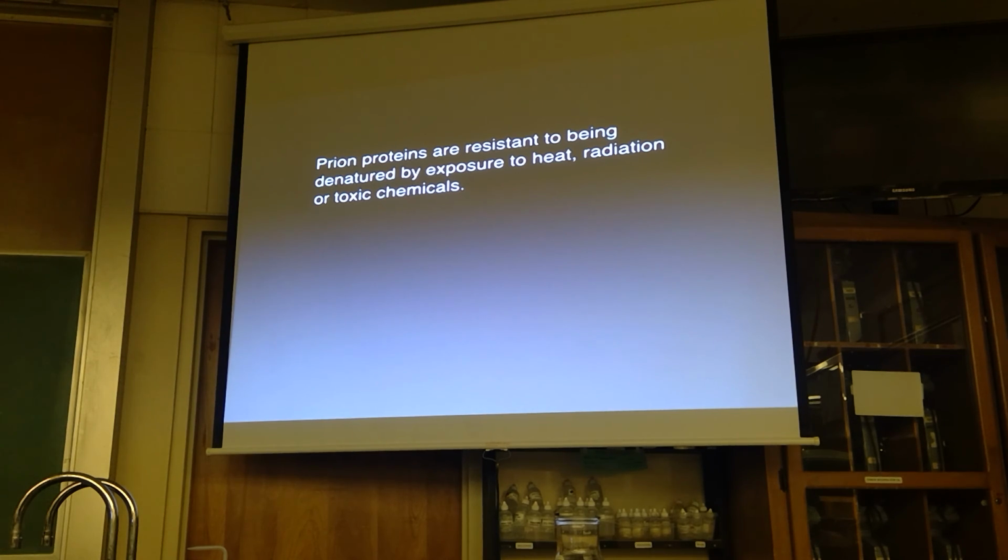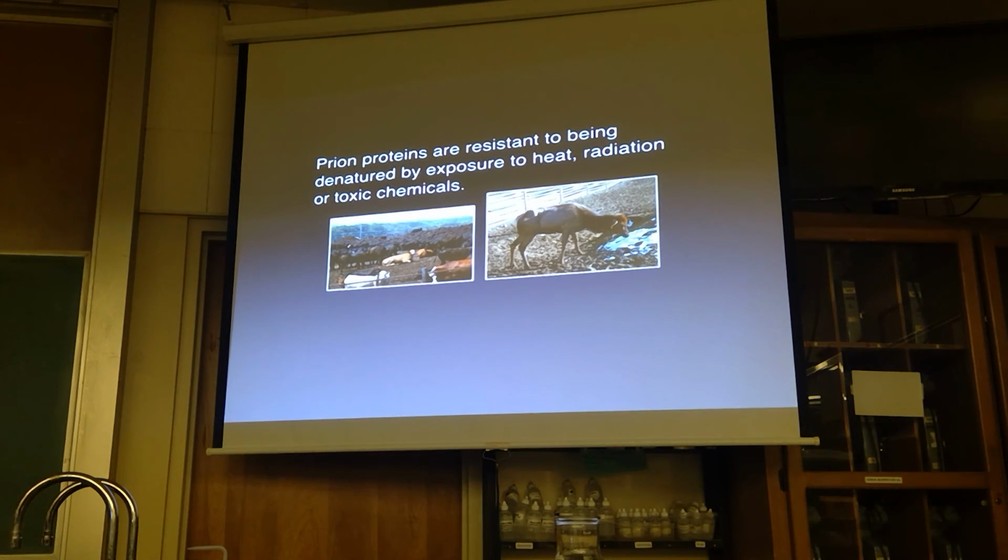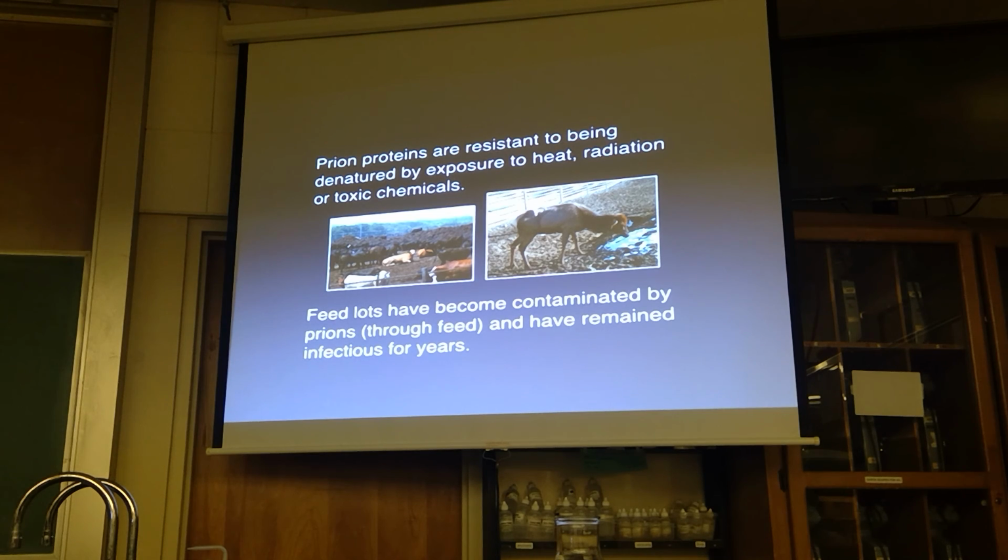And probably not, because they're very resistant to radiation, heat, toxic chemicals. Apparently, people that work in labs where they're working with prions, to get rid of these things, they have to autoclave them many, many times to get them to denature enough that they are no longer infectious agents. So they're extremely resistant to damage. And more widespread than we even can imagine.